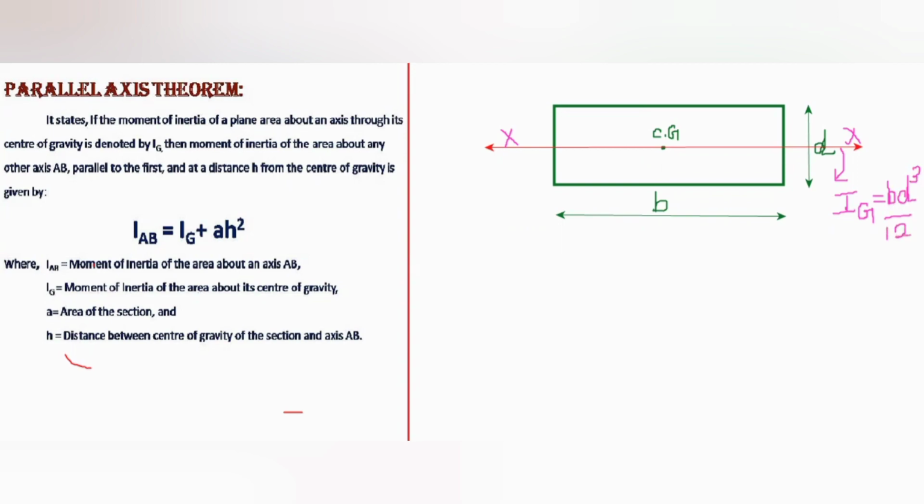Actually, here we know this value, that is the moment of inertia with respect to the xx axis passing through the center of gravity.